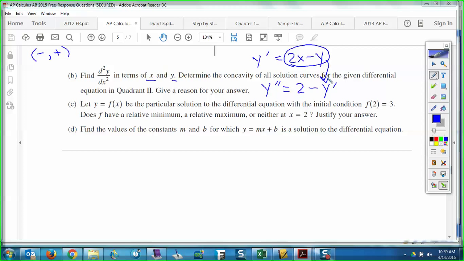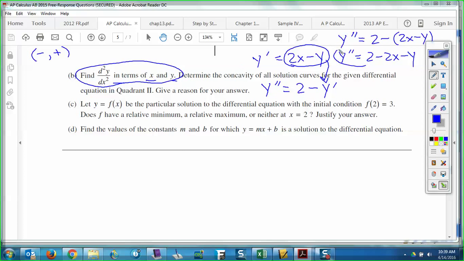I didn't do that back on the bird problem because we didn't need to. But y double prime then is going to be 2 minus this quantity, 2x minus y, which would be 2 minus 2x minus y. Actually, I needed to do that anyway, because it says to find the second derivative in terms of x and y. So I really couldn't leave it in terms of y prime.